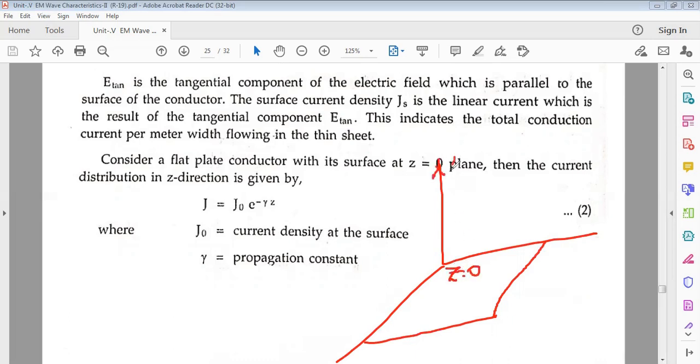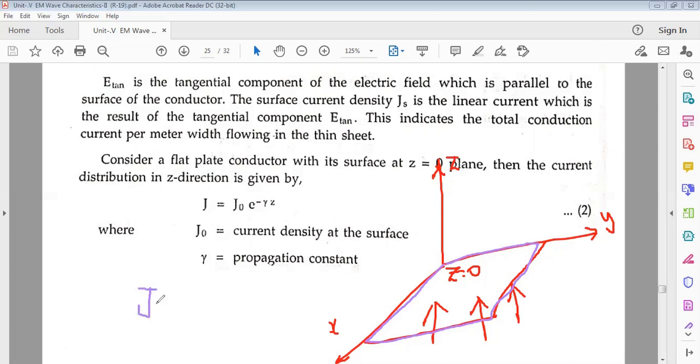This is the direction, and here it is Y and X. Then the current distribution in the Z direction, towards like this, through this surface. What we are assuming here is the surface is on the Z equals 0 plane.